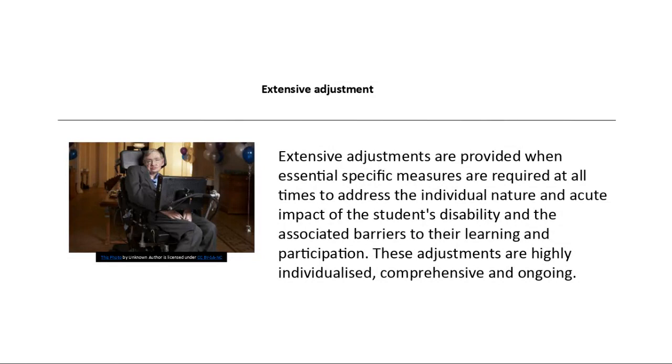The adjustments are highly individualized, comprehensive, and ongoing. For these students, all of their courses will be modified in some way or another. They'll probably be receiving intensive instruction, but again, it may not be in the cognitive area. It could be social or physical.